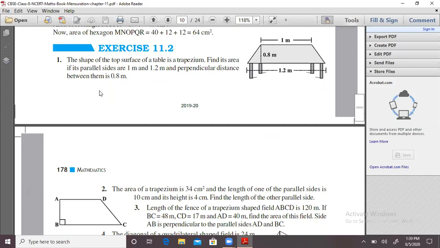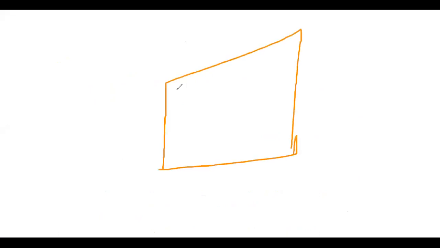There is one more formula, that is area of general quadrilateral. If we have given a general quadrilateral, no trapezium, nothing, no rectangle, no properties here, only a general quadrilateral, then how to find out area of the general quadrilateral? So in that you will have, say this is height 1, this is height 2.